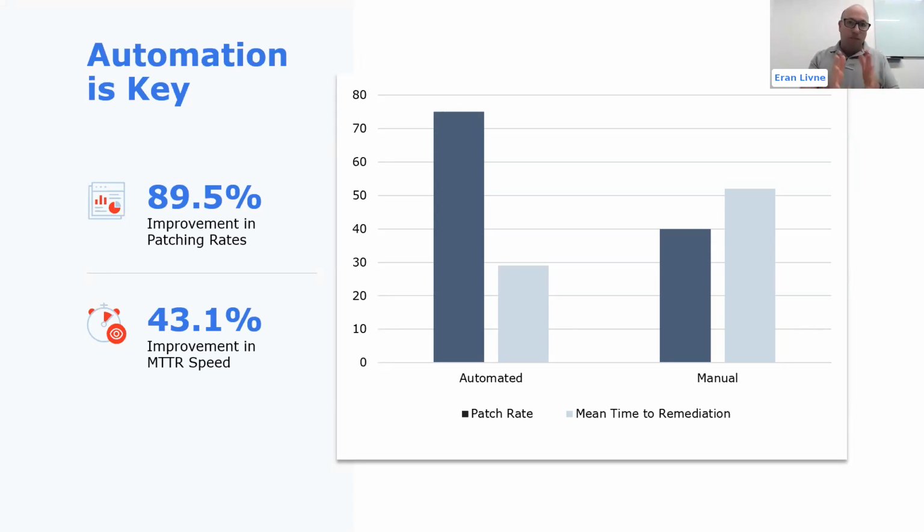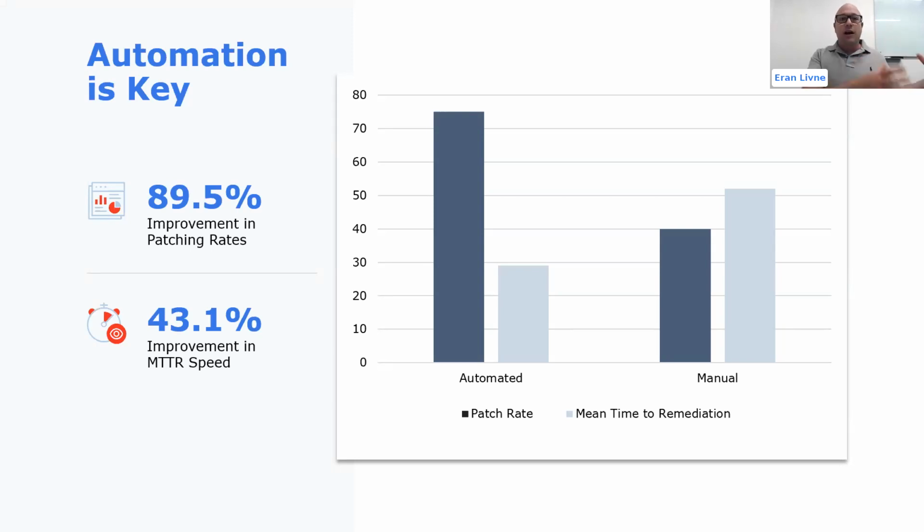First conclusion that I want to share based on the data is that automation is key. Remember, Chrome and Microsoft should be automated. Let's say, I hope in your environment they are also automated. Based on our data, we compared customers that are using manual patching to fix those Microsoft and Chrome vulnerabilities, and the ones doing automation are 43% faster in remediating those vulnerabilities and have a 90% better patch rate.